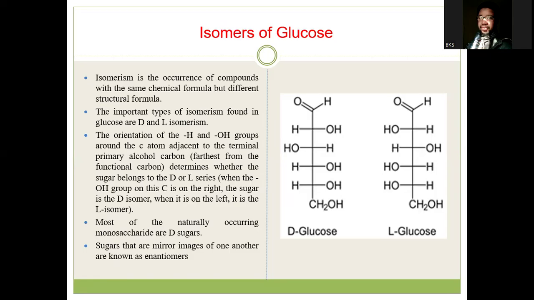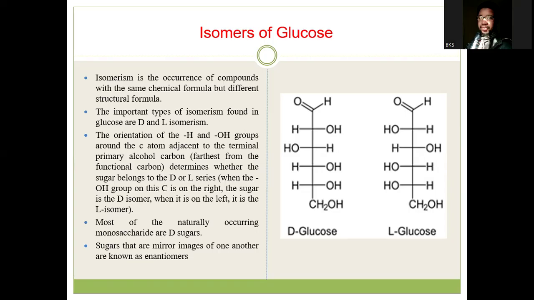It doesn't matter whether the sugar is D or L. A sugar solution of D glucose can rotate light to the left. If it rotates to the left, it is levorotatory.